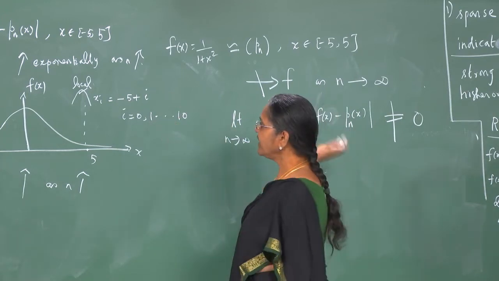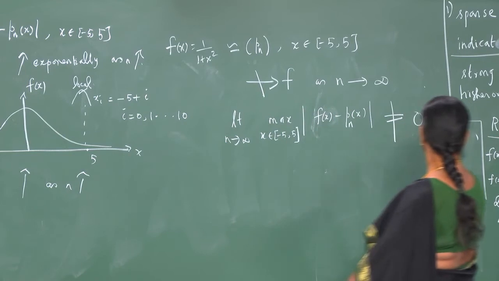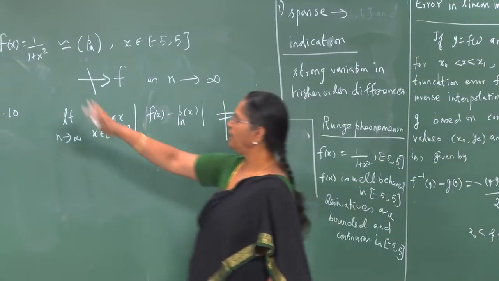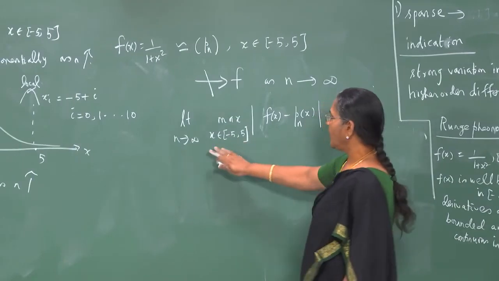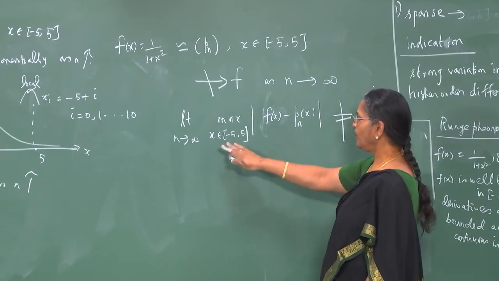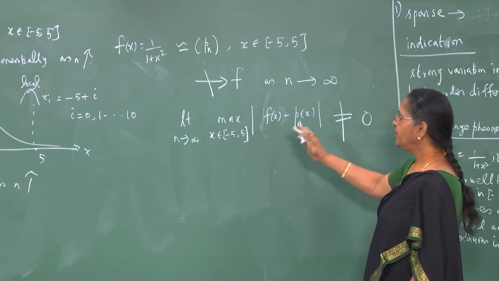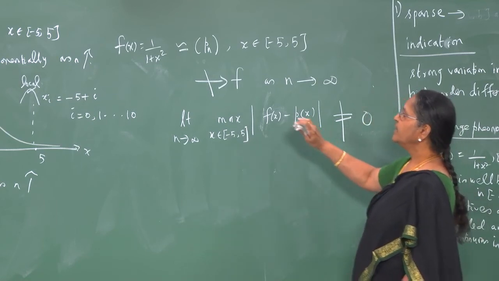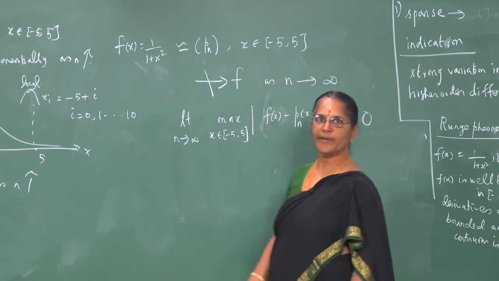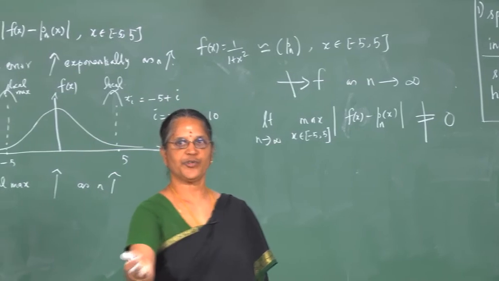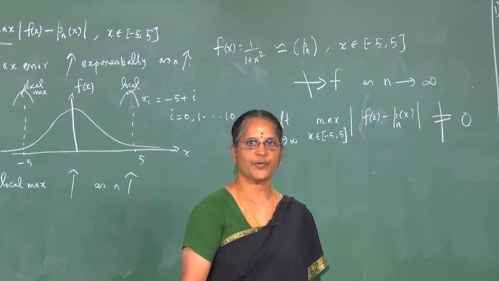But in this example, although the function has nice behavior, this did not happen because the sequence of maximum errors as n increases did not converge. In turn, the sequence of polynomials Pn did not converge to f, which is 1/(1+x^2).